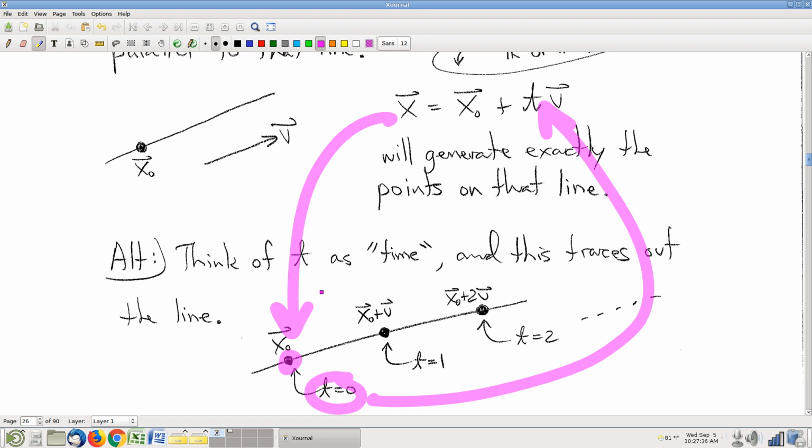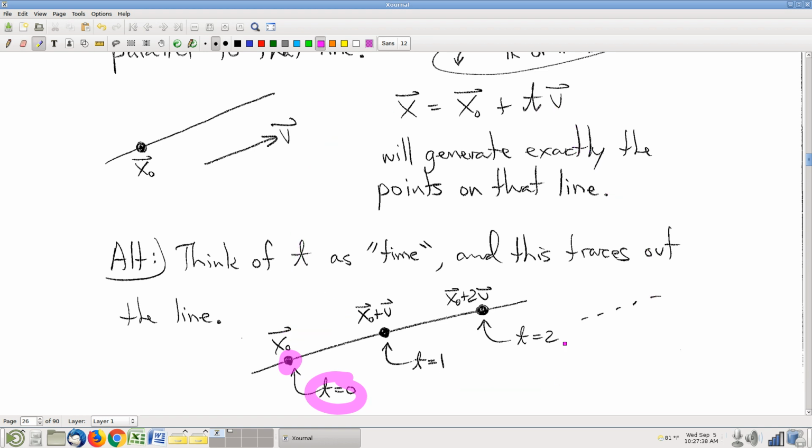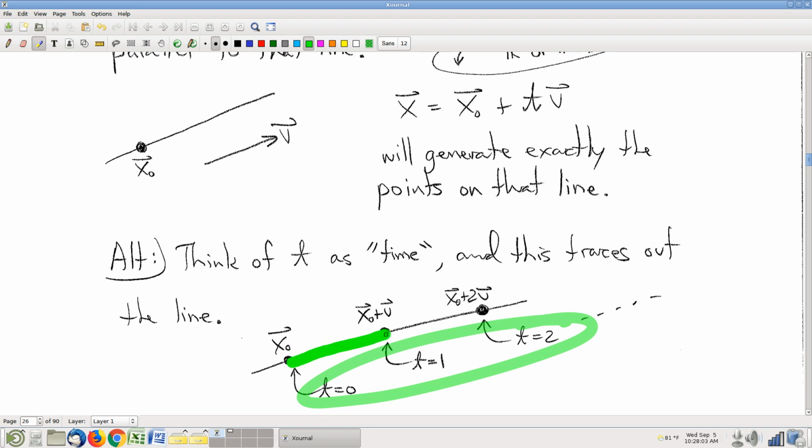Likewise, when t is equal to 1, that puts you at this point that is exactly 1v moved over along the line. And keep going. When t is equal to 2, you're at that point. And so as time passes, as t increases, you move along the line.